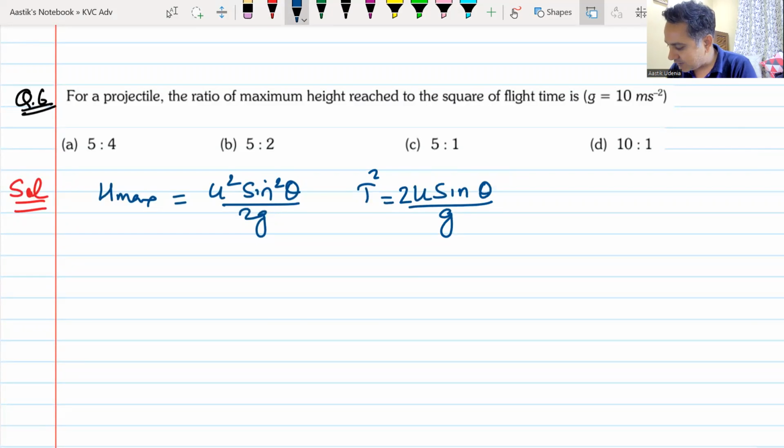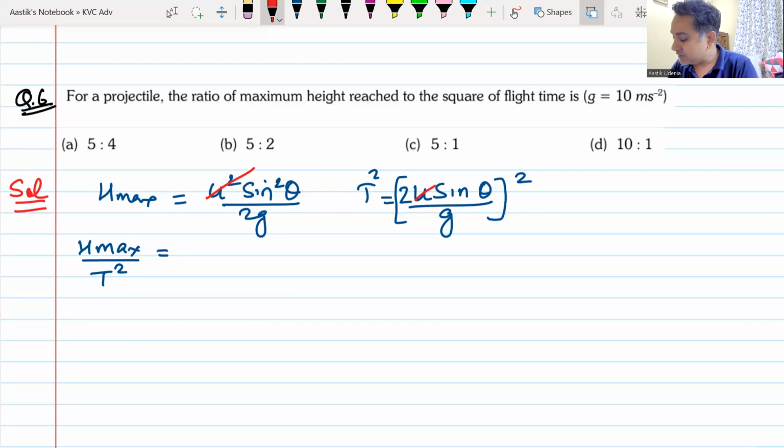I have to square it, and then I can find H max divided by t square. If I divide H max by t square, u square and u square will get cancelled out. Sine square theta and sine square theta will get cancelled out. And if you divide it correctly, what you will get is g by 8.